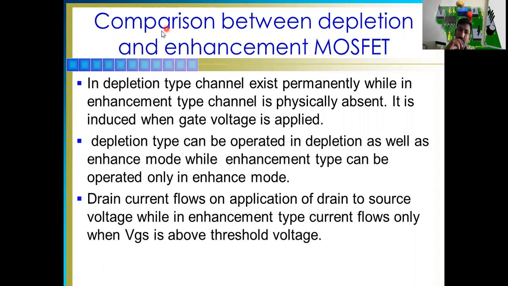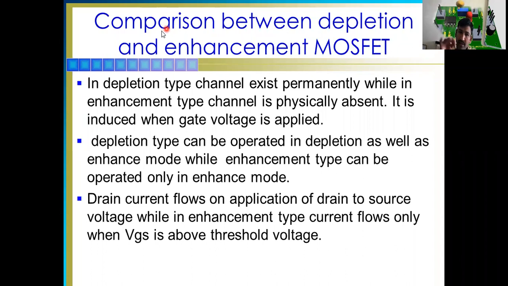If you have seen the physical structure of the depletion layer, where the depletion layer existed, was the enhancement layer there? I am asking about physically. Yeah, physically it is not present. In a depletion type, the channel exists permanently, while in the enhancement type the channel is physically absent.